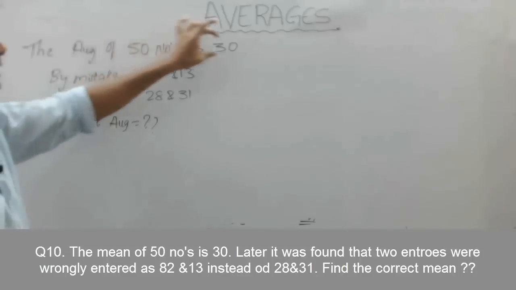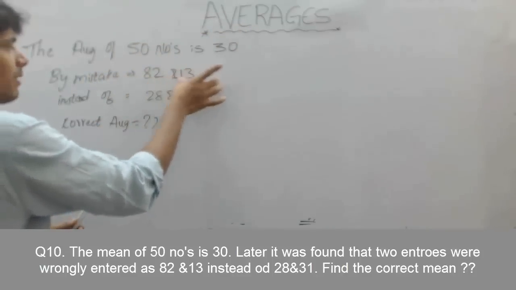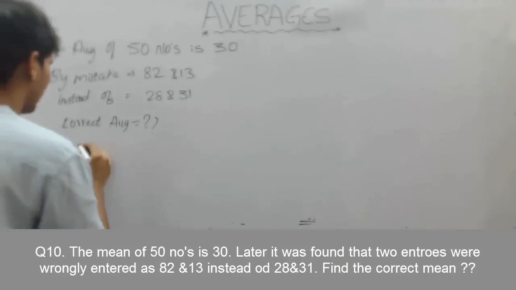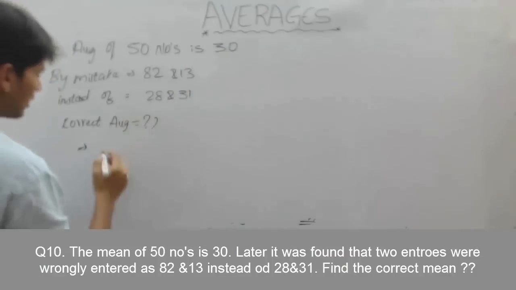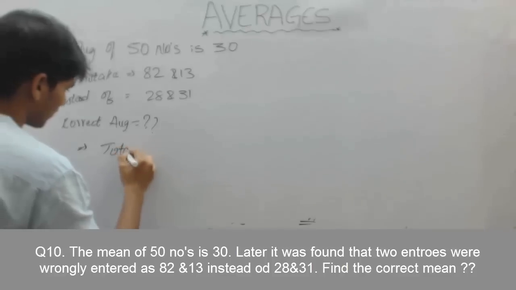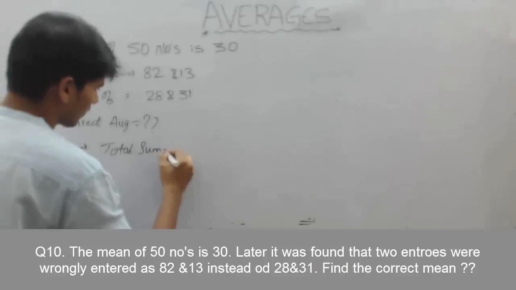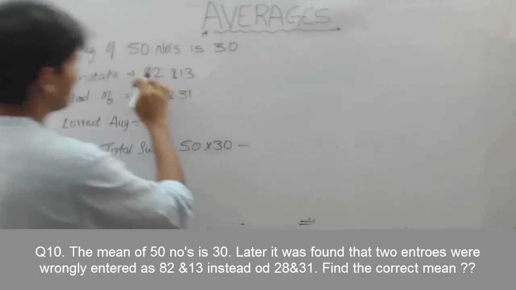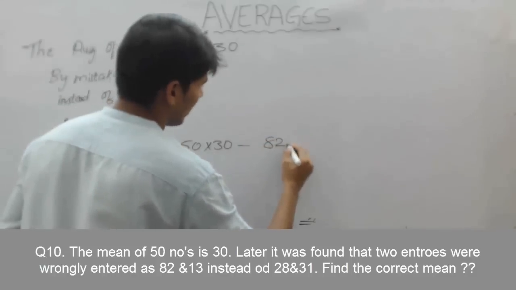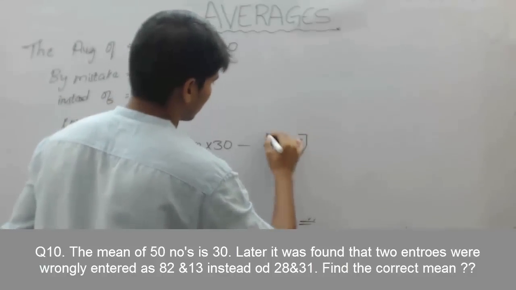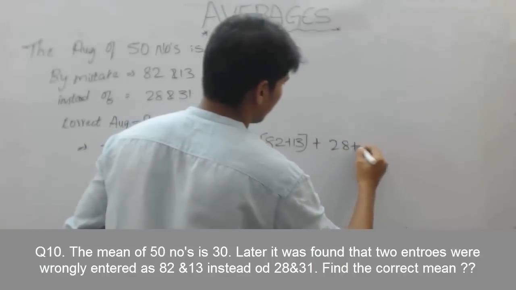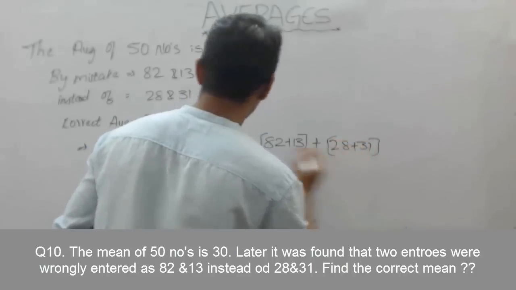We need to take the total sum, subtract the wrong numbers, and again add the correct numbers. Here the total sum is 50 into 30. You need to subtract these two, 82 plus 13, and again you need to add 28 plus 31.